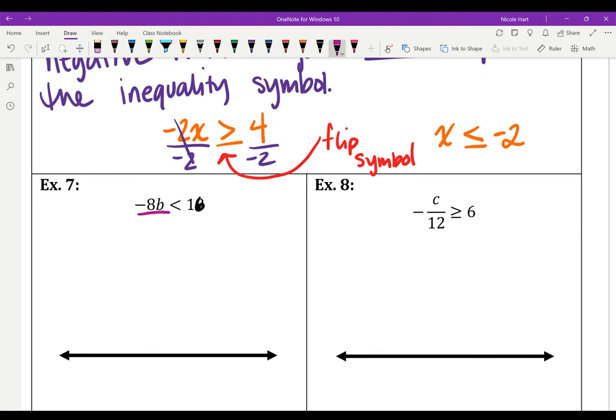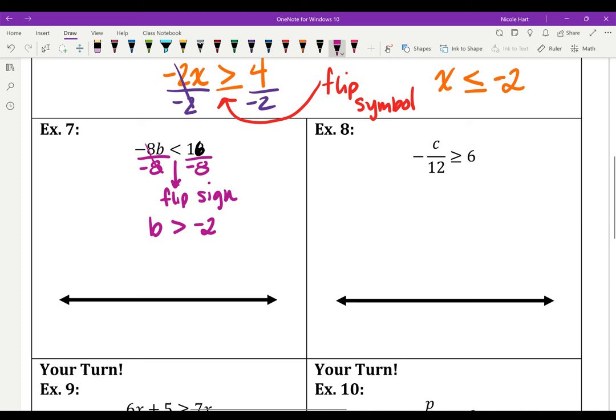When we go to divide, I'm going to divide by a negative 8. I don't want that negative in front of my b, so I'm going to divide by negative 8. When I do so, I get b. My sign flips over. Flip your sign. So b is greater than, and 16 divided by negative 8 is negative 2.